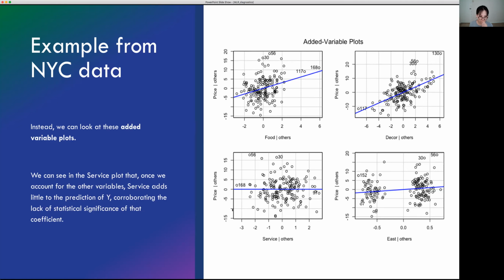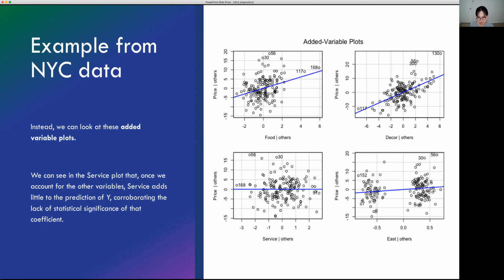And we can see that the service plot is a totally horizontal line, right? That means the service adds very little to the prediction of y.